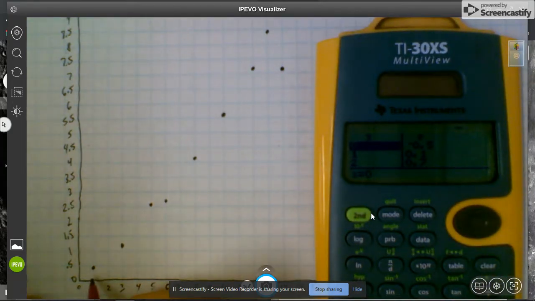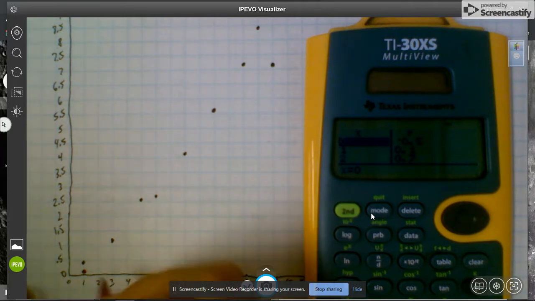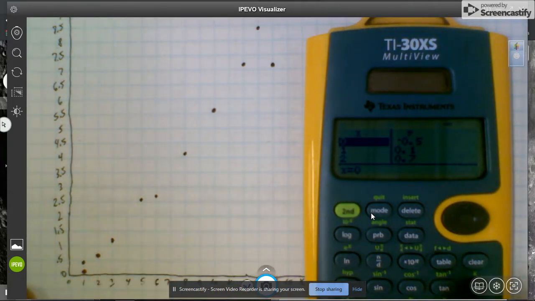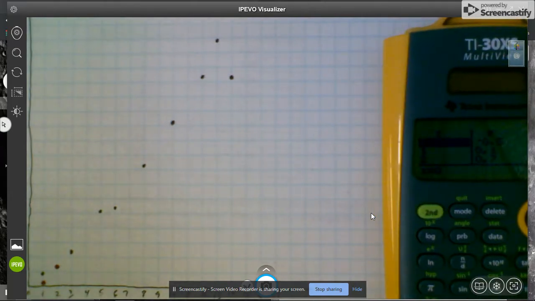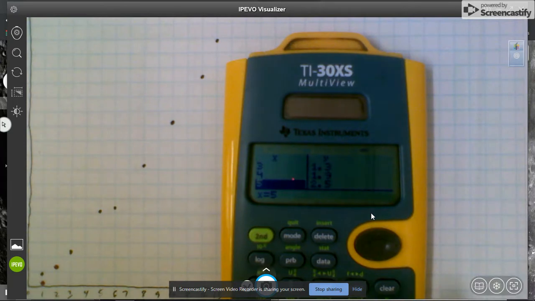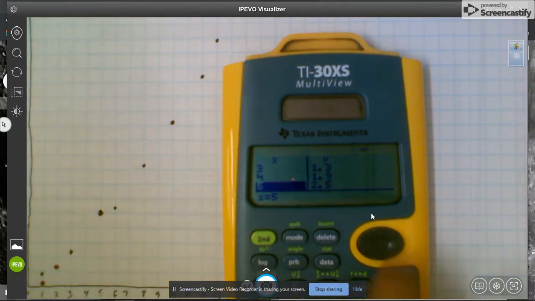So points to look at. 1 is 0.1. 2 is 0.7. And then I'm going to skip out a little bit and do something like let's do 5. It's not necessary to do every single point. 5 and 2.5. That's there.